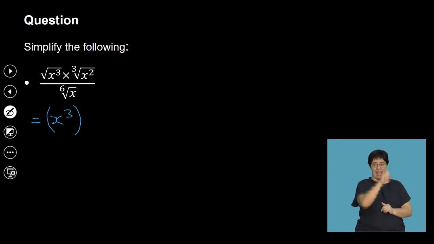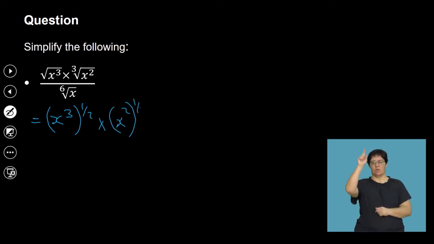And because it's a square root, it's 1 over 2, right? And then multiplied by, this one here will be x to the exponent of 2 multiplied by 1 over 3. All of this divided by x to the exponent of 1 over 6.